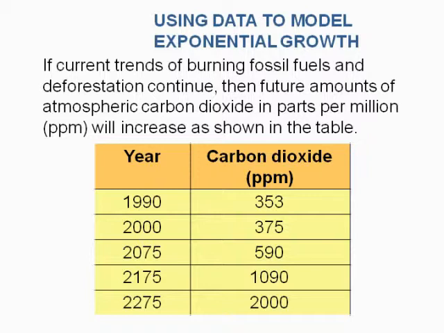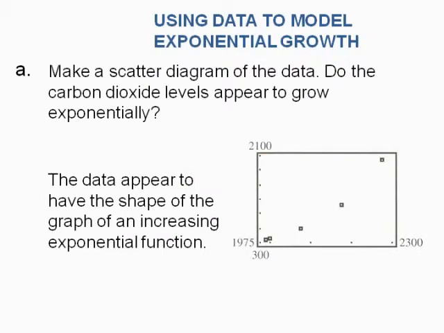By 2000 it increased, and look where it's heading if we keep going: in the year 2275, 2000 parts per million. We know that leads to global warming, so hopefully we can get that under control. So we're going to make a little scatter diagram here.